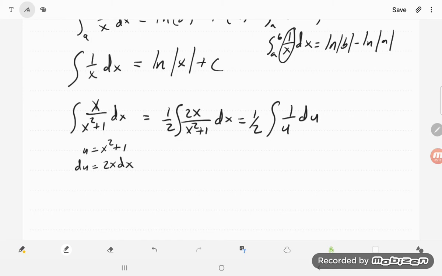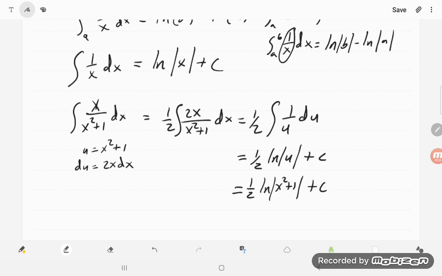And so when I do this antiderivative, I get 1/2 the natural log of the absolute value of u plus c. And so that's 1/2 the natural log of x squared plus 1 under absolute value plus c.